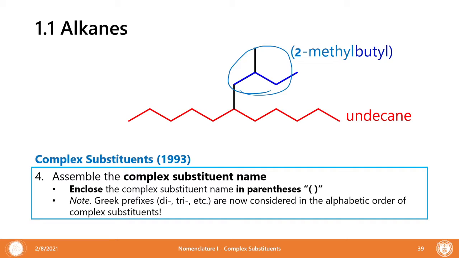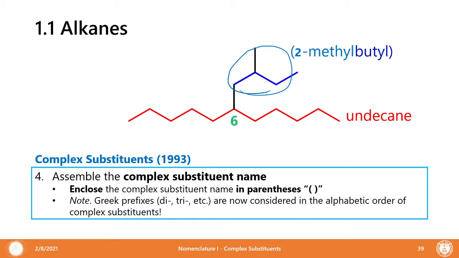It's important to note that the Greek prefixes inside this group, if we have multiplicative prefixes like di, tri, etc., are now considered in the alphabetic order of our complex substituents. So if we have a di inside, dimethylbutyl for example, we have to consider it in the alphabetization now.